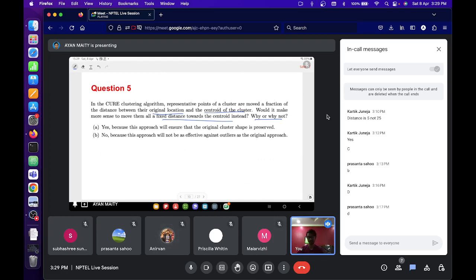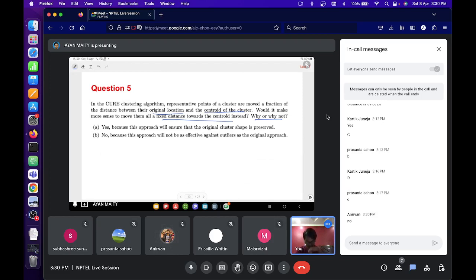So the question is whether we can replace the fractional movement with a fixed movement of the representative points towards the centroid. Anirban says no. Okay. Anyone else? Any other answers?